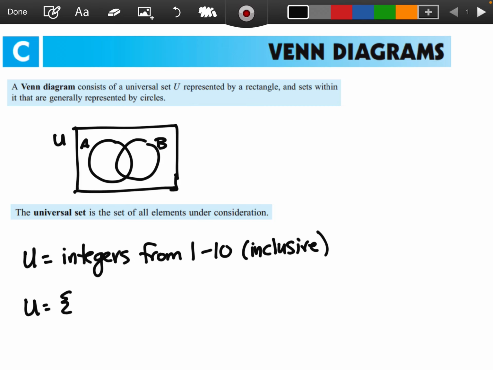If we wanted to list the elements of the universal set, we would list all of the numbers from 1 to 10, including 1 and 10. Those are all of the numbers that are in play. If we were going to put this on a Venn diagram, those are all of the elements that would have to find a home somewhere inside the rectangle. Every number must be accounted for.